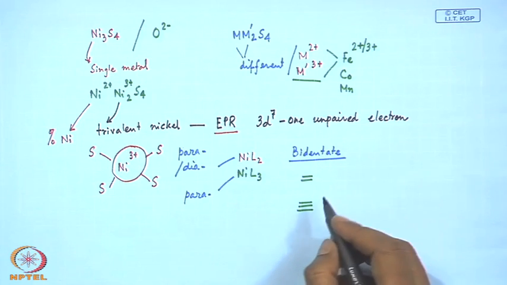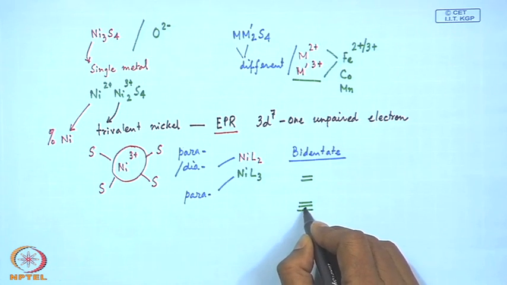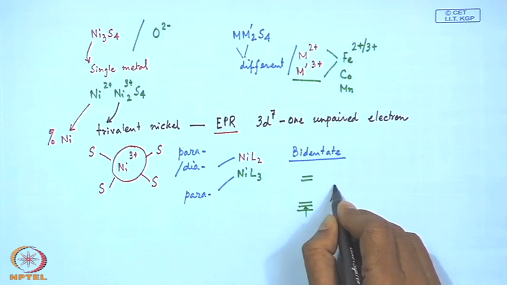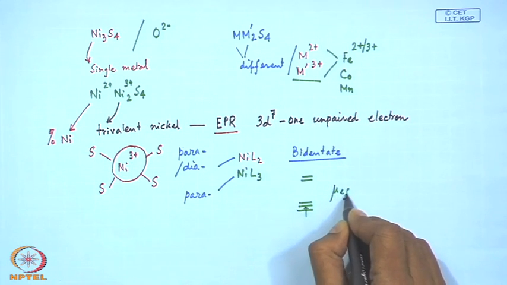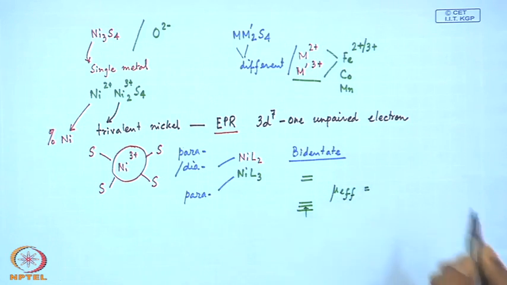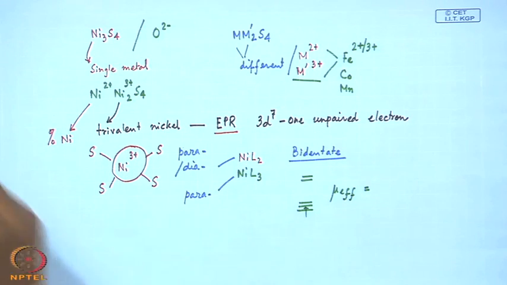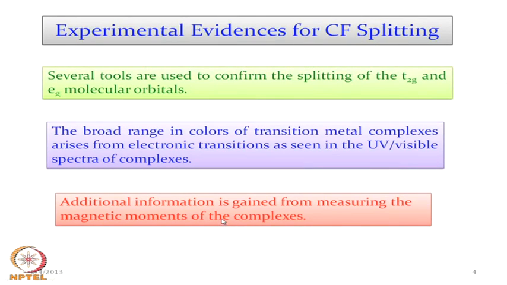If we have several such unpaired electrons, then we can determine the corresponding magnetic moment as its mu effective value. So that gives the information that the crystal field is operating on all these metal complexes.